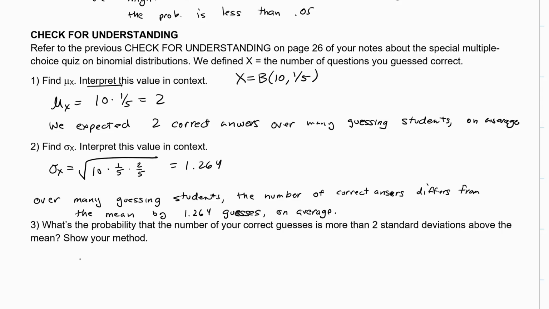Okay. What's the probability that the number of the correct guesses is more than two standard deviations above the mean? Well, let's see. The mean plus two standard deviations. Well, that's 2 plus 2 times 1.264.